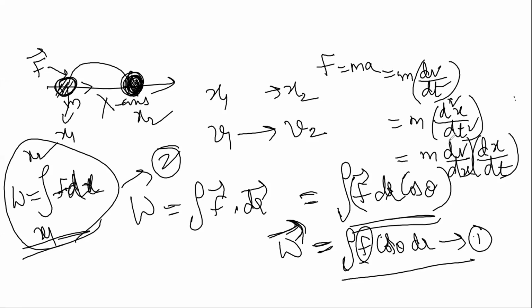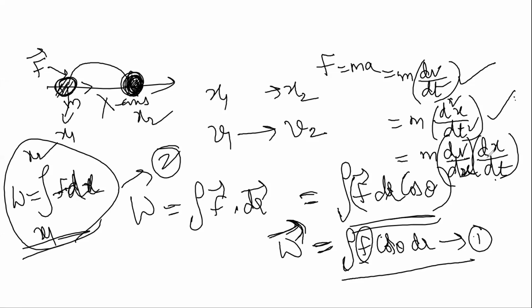Because the rate of change of velocity is acceleration and the rate of change of displacement is velocity, the double derivative of displacement gives acceleration. So m into dv by dx into dx by dt.